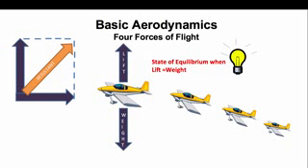Also, when vertical and horizontal forces are applied, as shown on the left of the slide, the resultant force acts in a diagonal direction. Therefore, the resultant of two opposing forces which are equal in magnitude is 0.